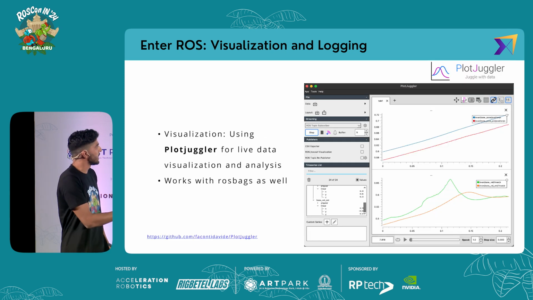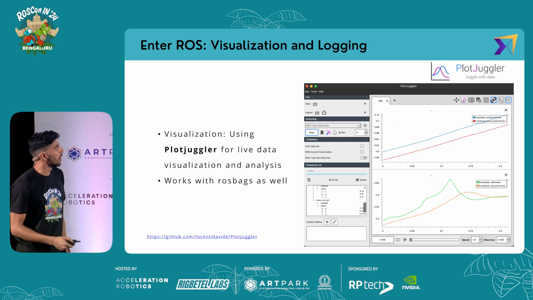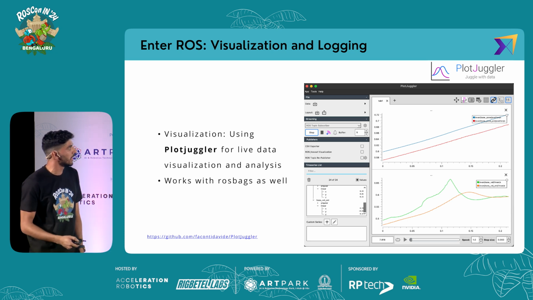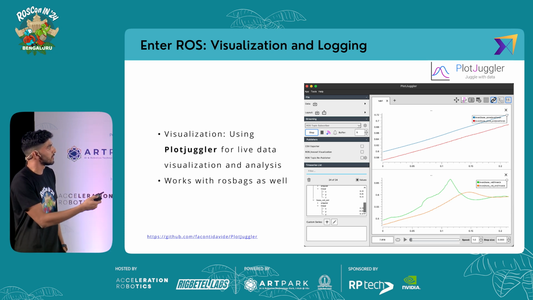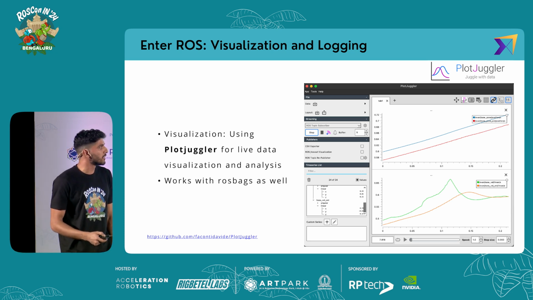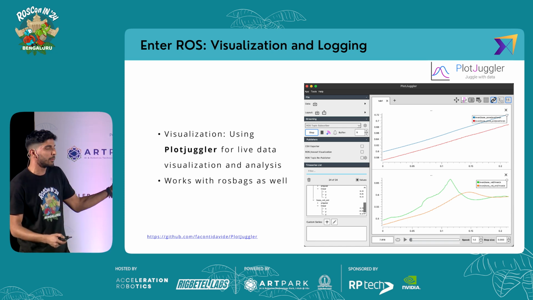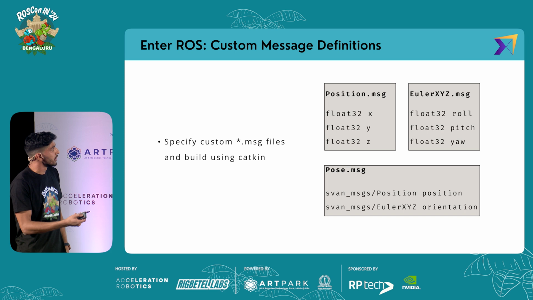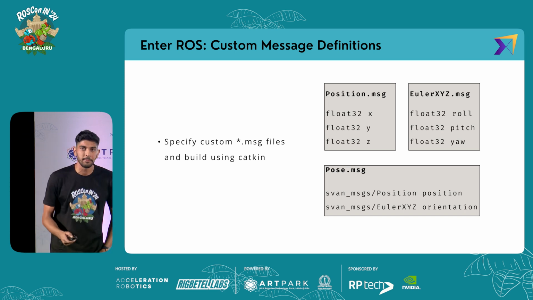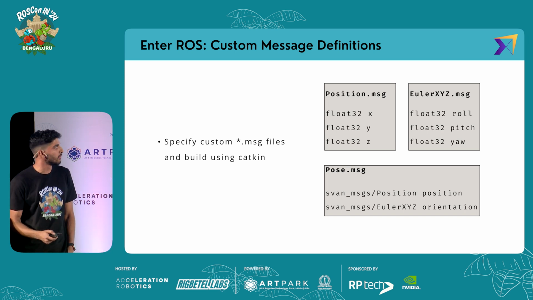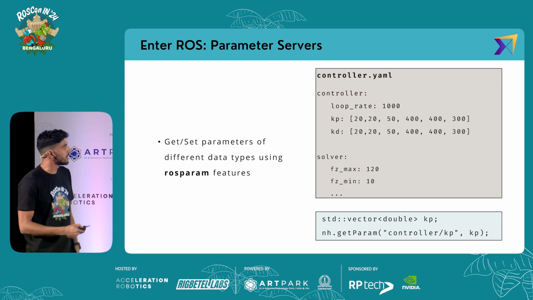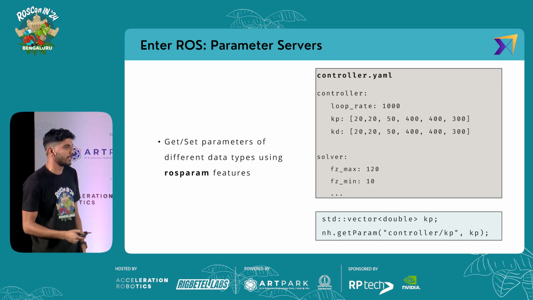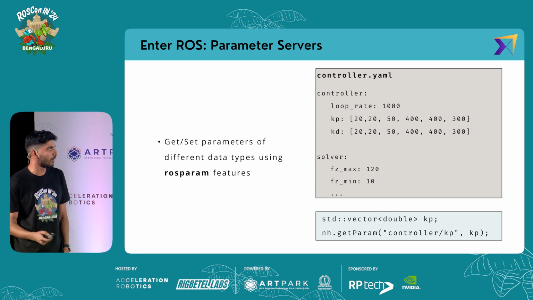We visualize data using various ROS compatible tools, like PlotJuggler here, which is very easy to use and lets me either stream live data or play ROS bags. I also use custom message types, which are easy to use in ROS. I'll just quickly go over these things, because I believe these are pretty standard and widely used in ROS.